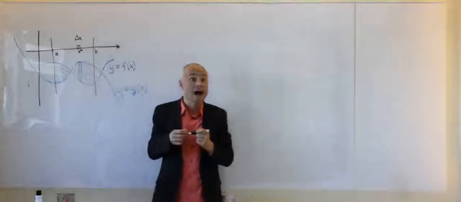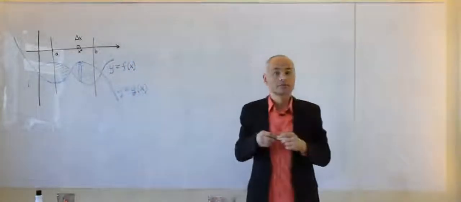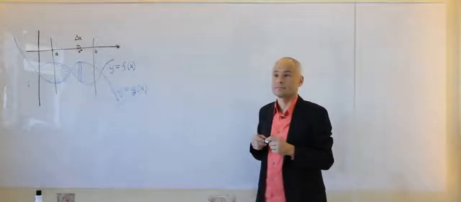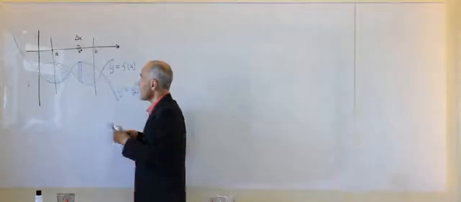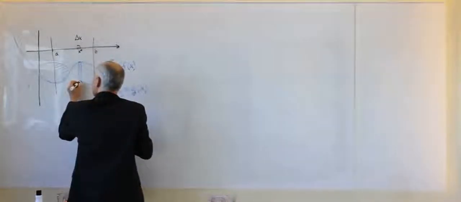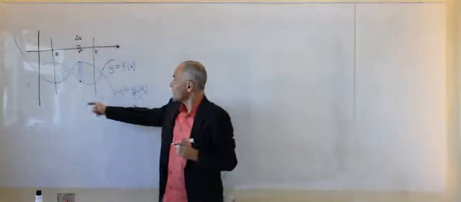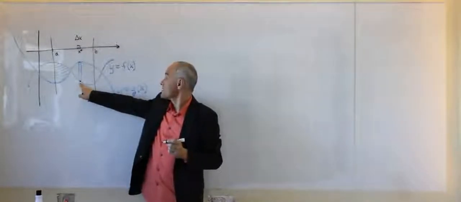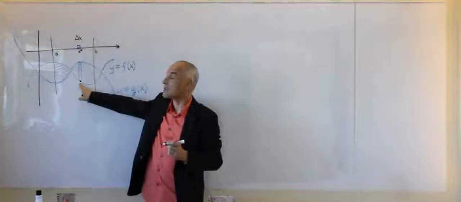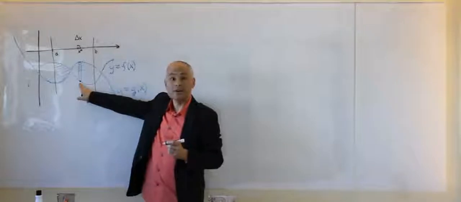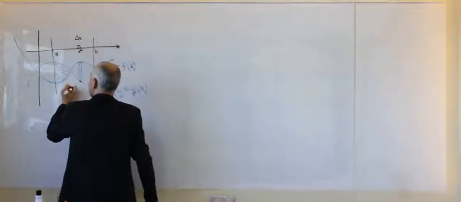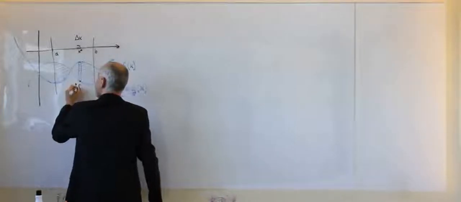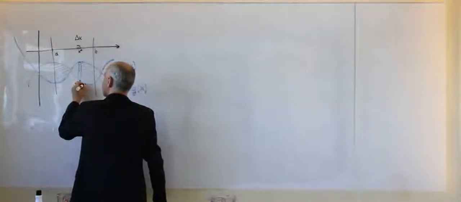Now, what is the height of that rectangle? How would we get the height of such a rectangle? Well, let's see. What are the coordinates of this point here? This point lies on the graph of f, so the coordinates are x star, comma, f of x star.